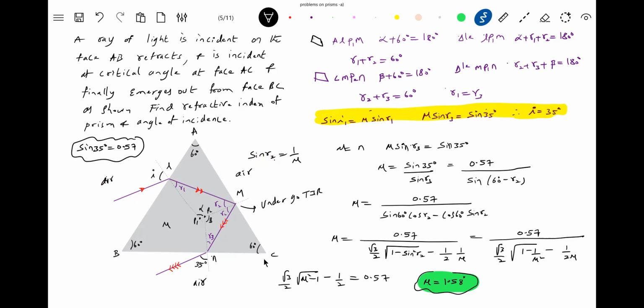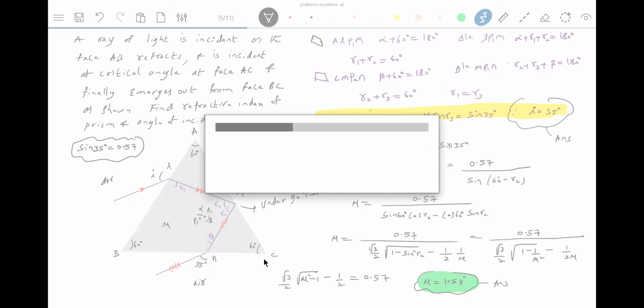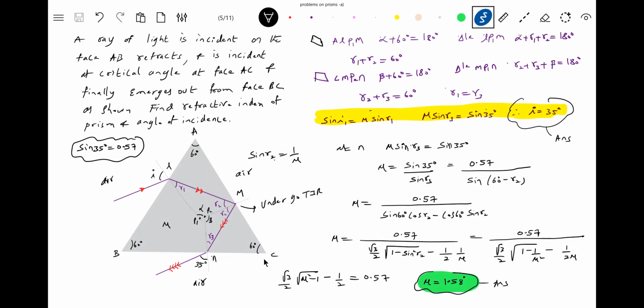If it is other than air, I'll mention it. Again, the same: first the relationship between angles, then applying Snell's law, then the idea of TIR.